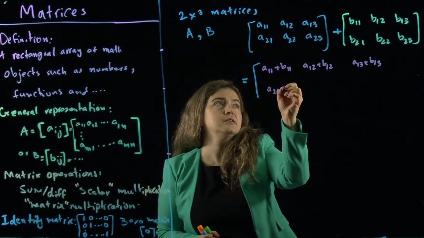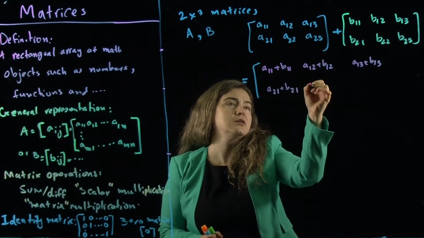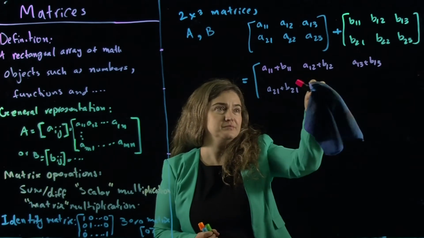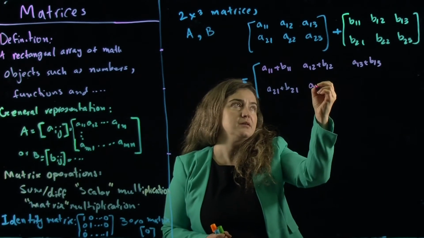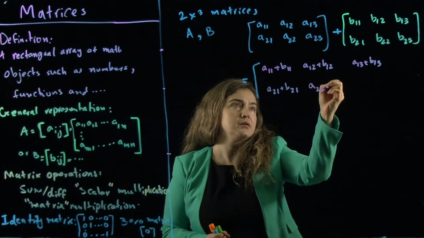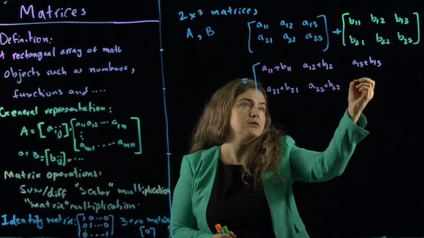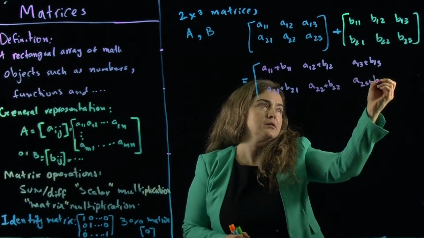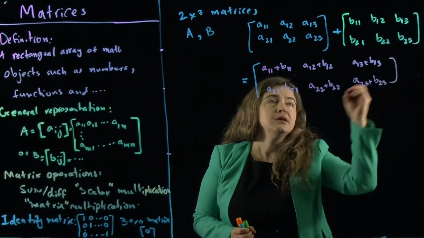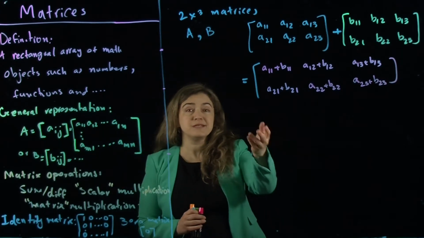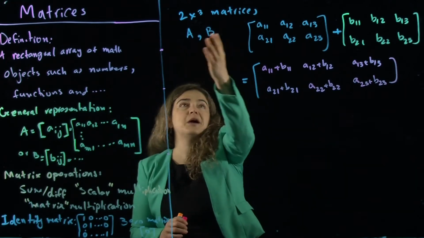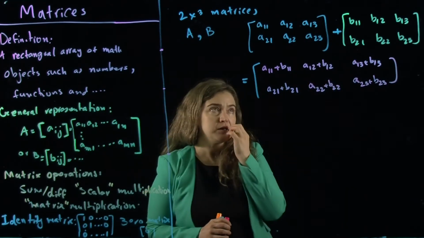And so that's a representation of just about any 2 by 3 matrices added together.